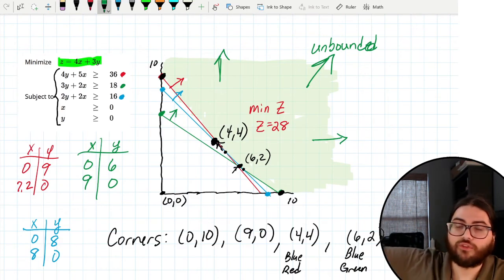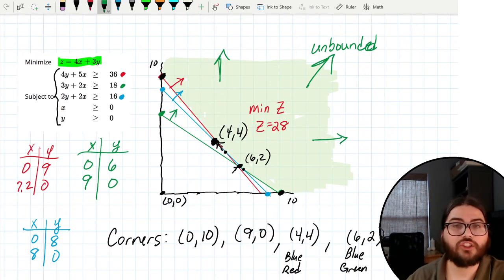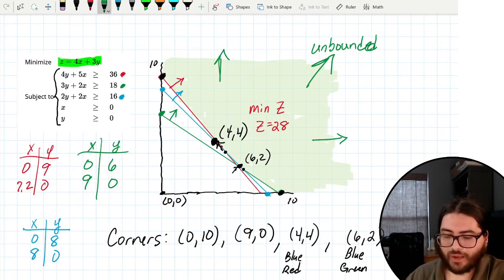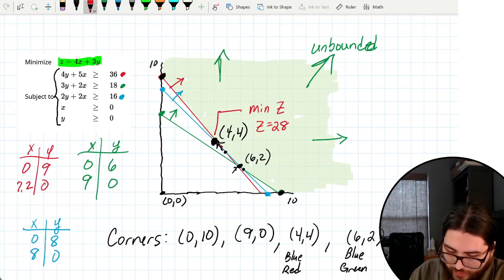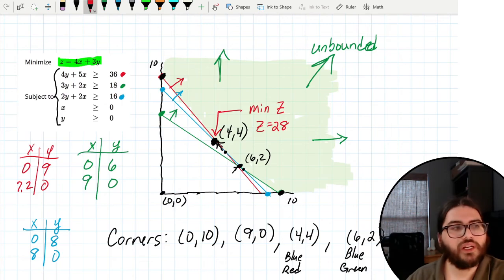You will keep chasing it forever and ever and ever, but you'll never actually get there. It would be a DNE kind of scenario. But the minimum value, it does exist right here. So the minimum value of z is z equals 28, and it occurs at 4, 4.